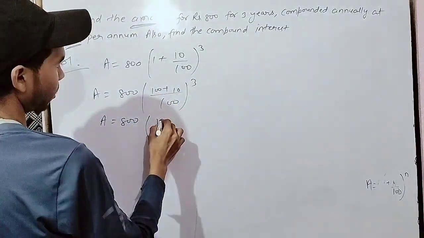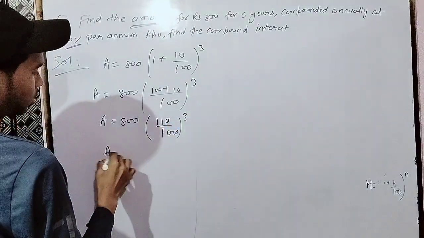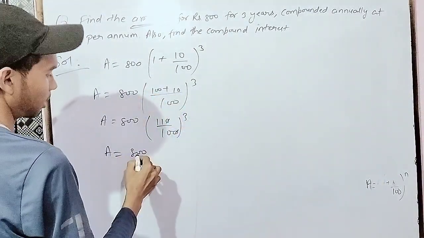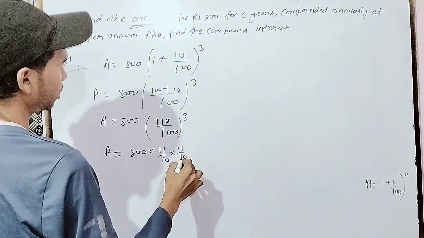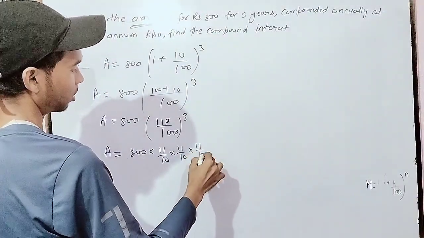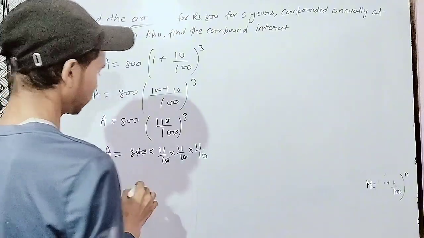How much? 110 upon 100. This whole bracket is raised to 3, so it can be written 3 times. Hold on, you will understand carefully.